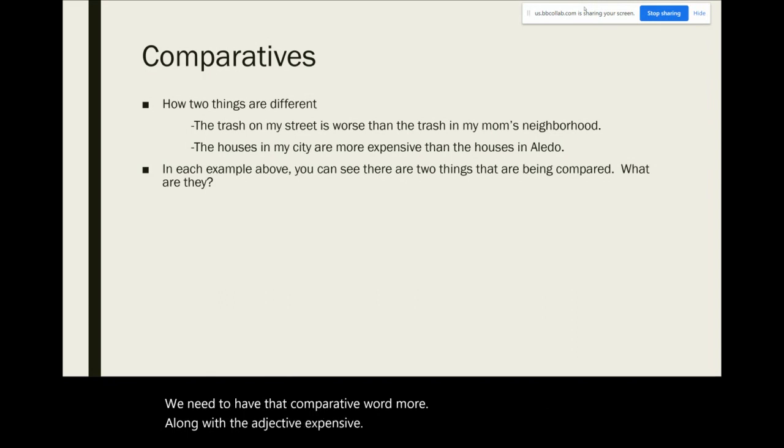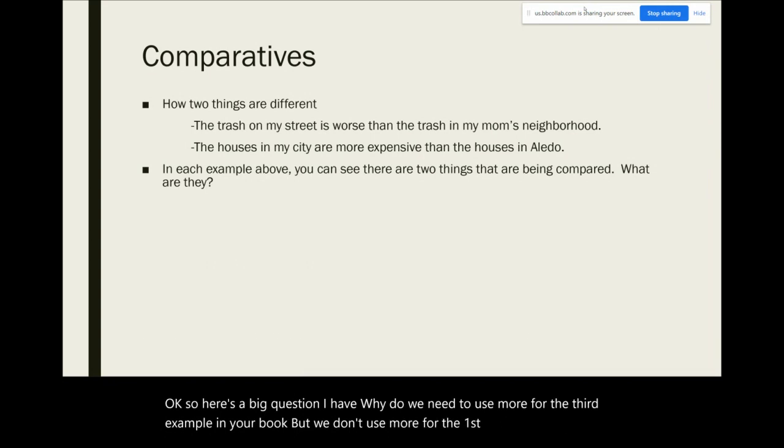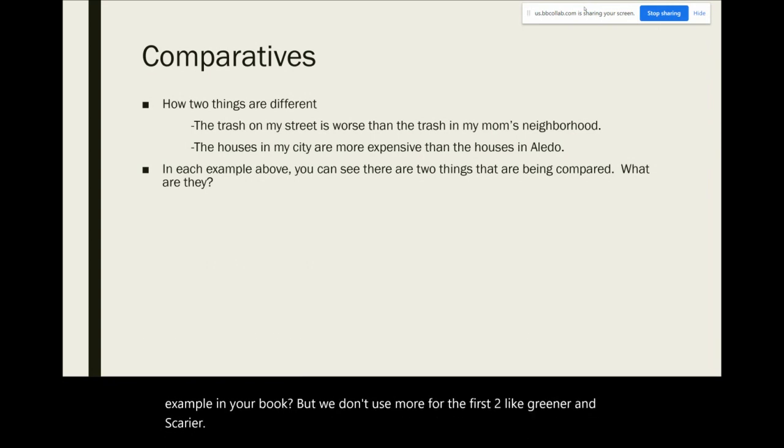Okay, so here's a big question I have. Why do we need to use more for the third example in your book, but we don't use more for the first two, like greener and scarier? Because we use the base form of the verb. Now, wait a second. Are we talking about verbs? I mean the adjective.